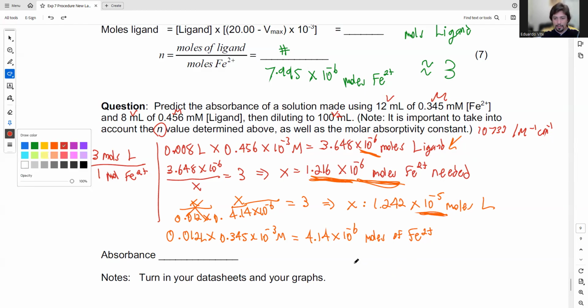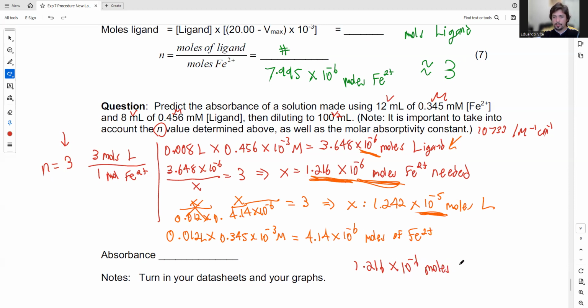Here we go. 1.216 times 10 to the minus 6 moles of Fe2+ divided by the new volume, 0.1 liters. That is going to give me 1.216 times 10 to the minus 5, and that is going to be in molar.